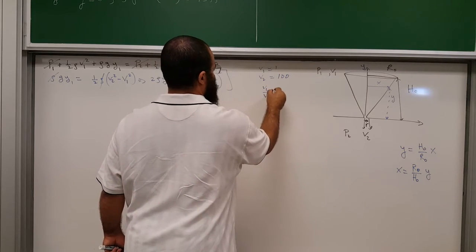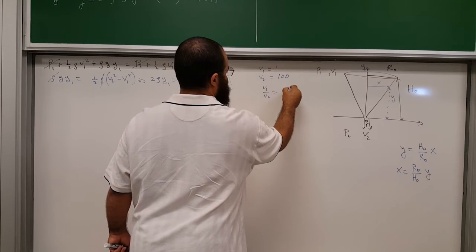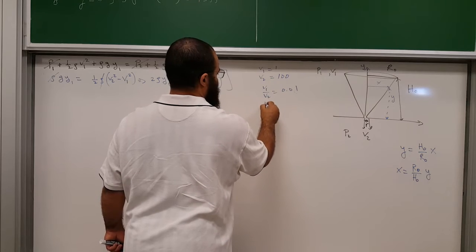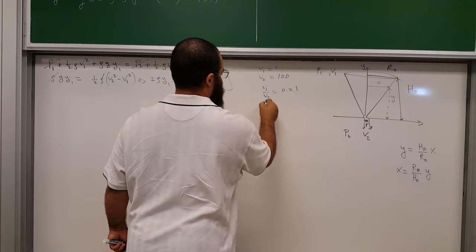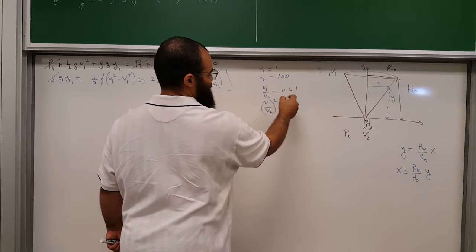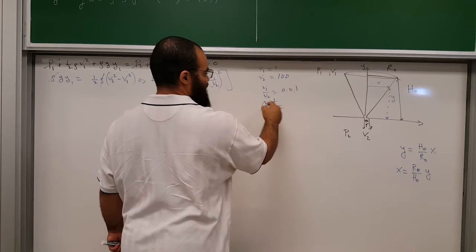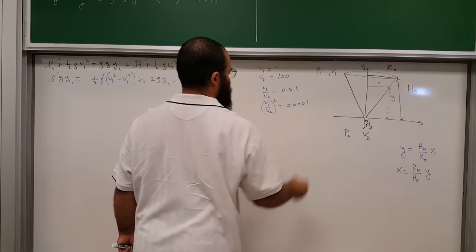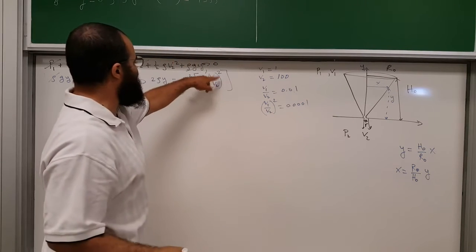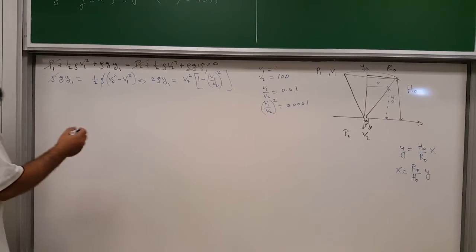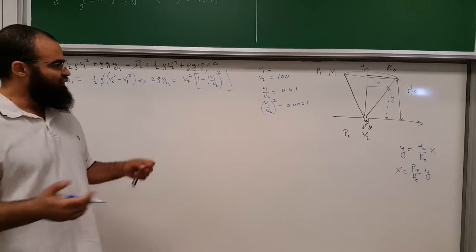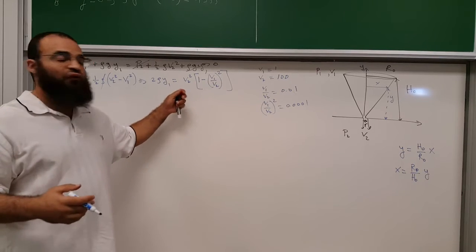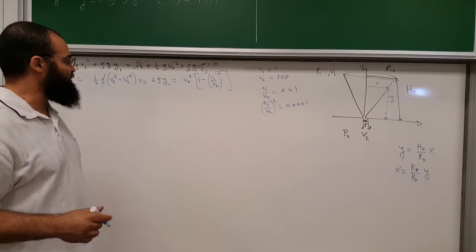V1 over V2 would be 1 over 100, which is 0.01. However, V1 over V2 to the power 2 is 0.0001, which we can ignore. So we throw this away and say this is approximately 0. We ignore it because, first, the solution would be fairly close, and secondly, the integral would be very tough if we keep it the way it is.